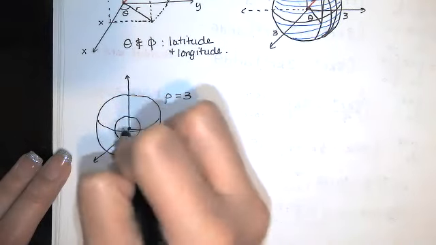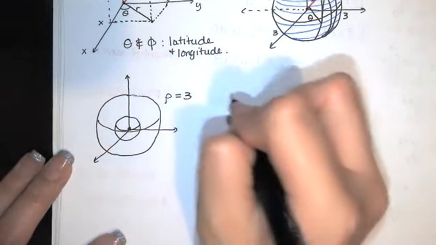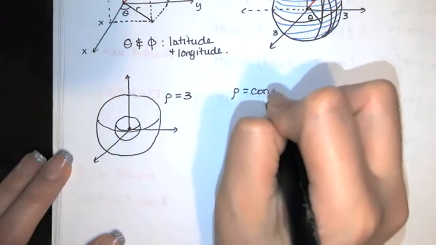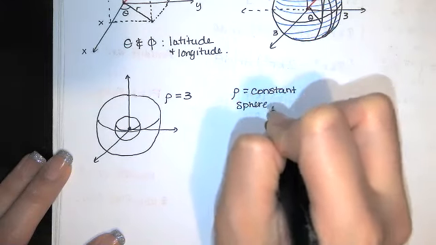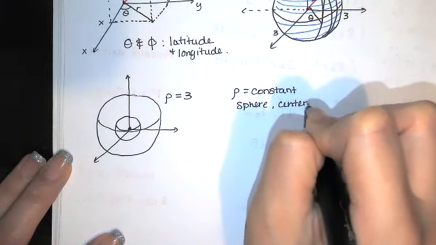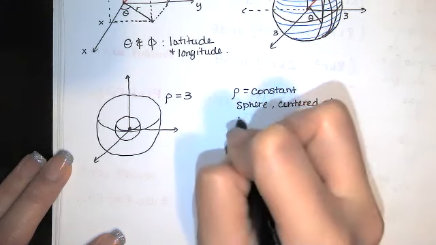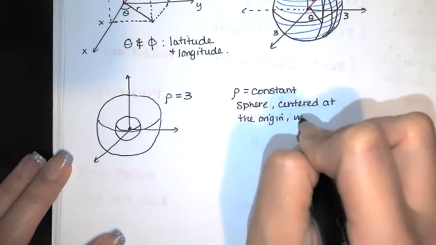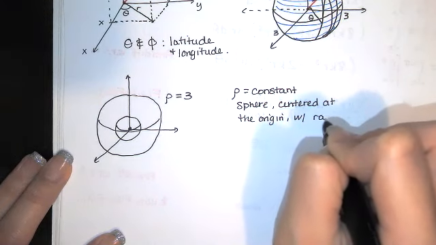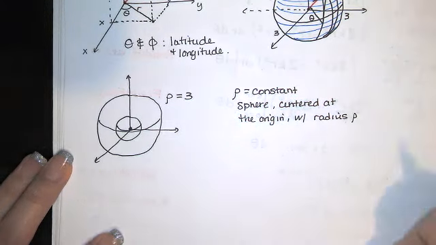Rho equals 1, that's a sphere of radius 1. So rho equals a constant. That's a sphere centered at the origin with radius rho.